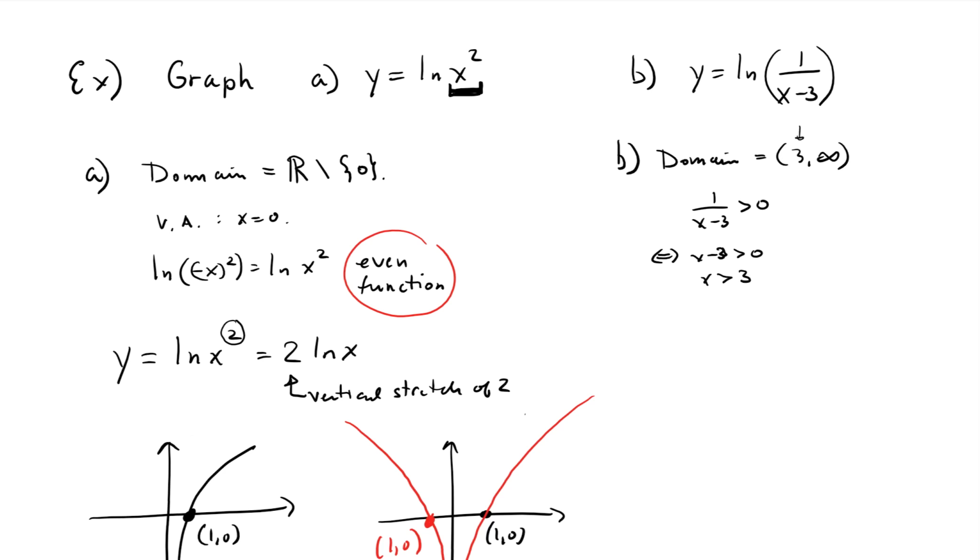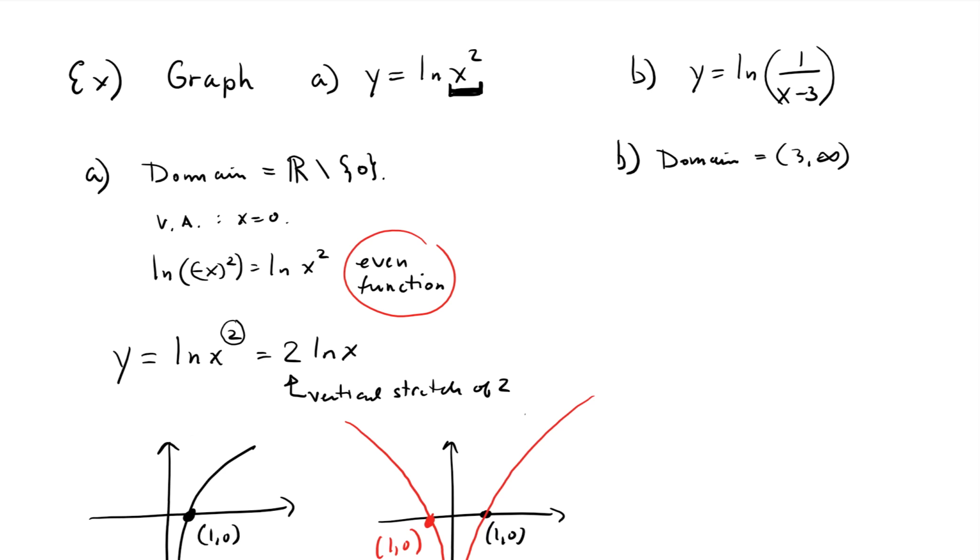Typically at this value here, you'll find your vertical asymptote. But here it's not so obvious because at 3 the input is not 0, it's just undefined. So we'll see what happens as we graph our function. We'll see if x equals 3 turns out to be a vertical asymptote in the end.